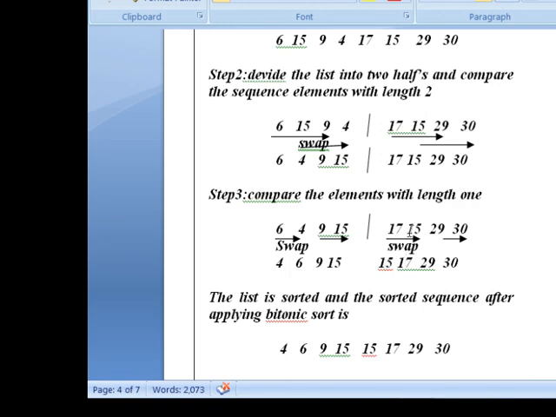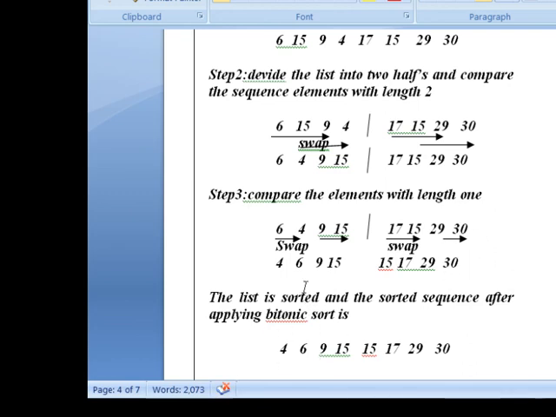Why? Because the least value comes as first output, the highest value comes as second output of the comparator. Similarly 29 30 ఇచ్చినప్పుడు ఏమొస్తుంది? 29 30 వస్తుంది. So this is the output generated by the comparison network after making the comparison with length 1.